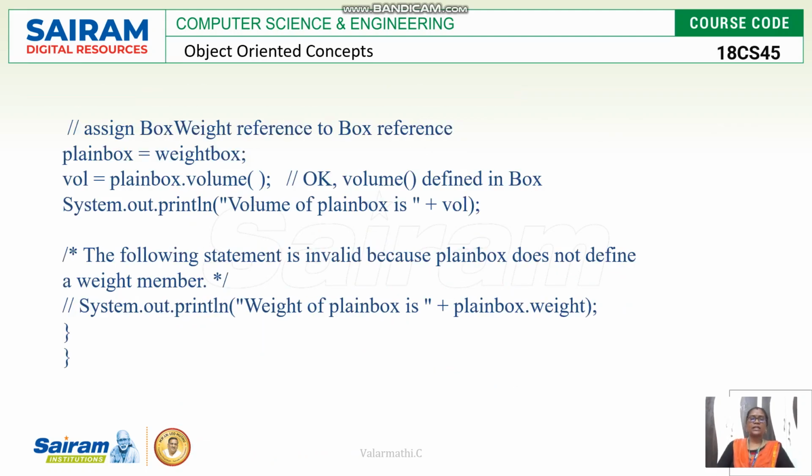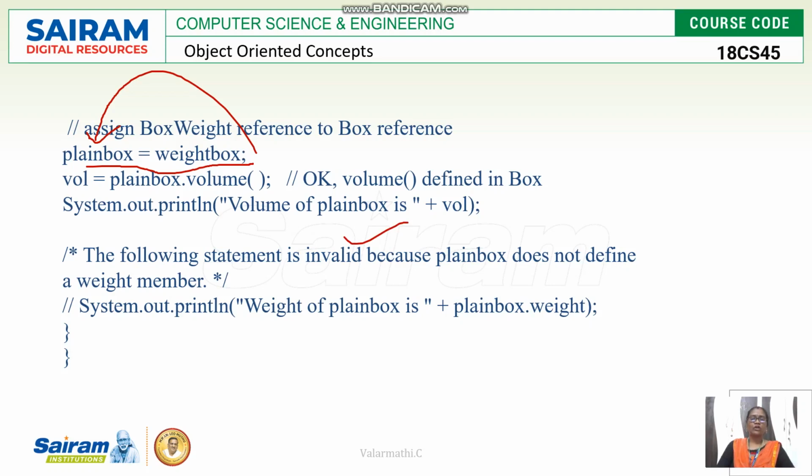Here, what happens is I'm assigning the subclass object to the superclass. So when I call plain box dot volume, it will invoke the volume defined in the superclass Box. So the volume of plain box will be the volume defined in the superclass.